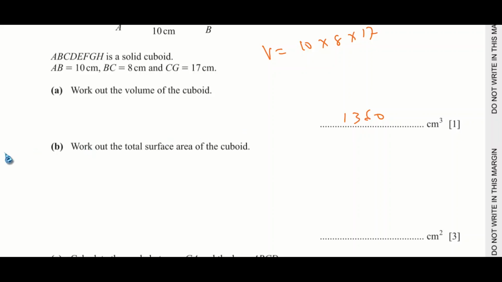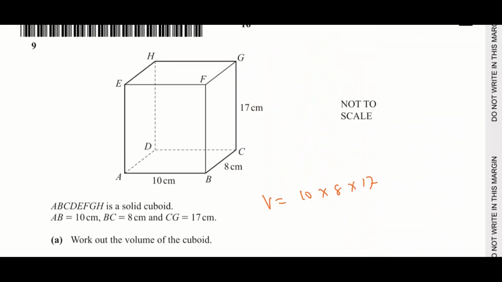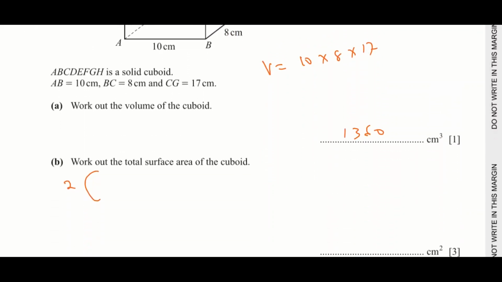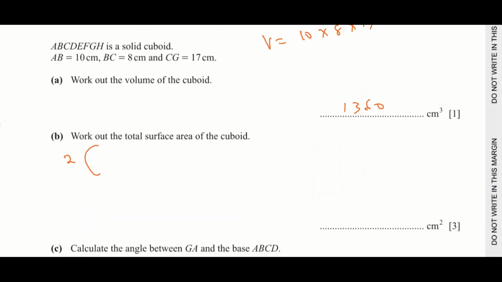Work out the total surface area. So the total surface area will be 2 into the product of the two numbers. You combine them, so I'll go with 10 by 8, plus 10 by 17, close the brackets, then plus 8 by 17.